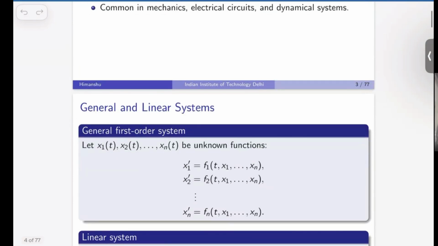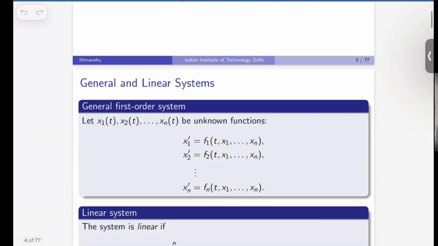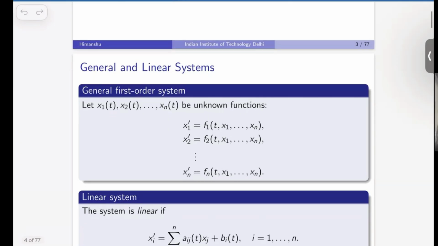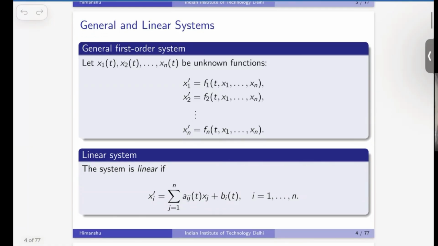Let's say we have n functions of t, and each function shows the rate of change with respect to the variable t: x1, x2, and so on till xn. Before solving this, we have some notation.